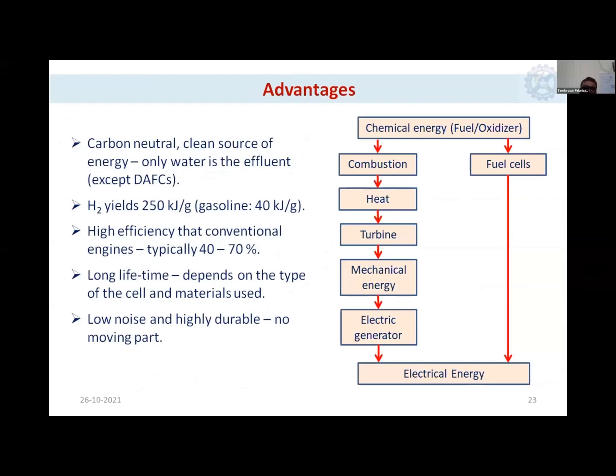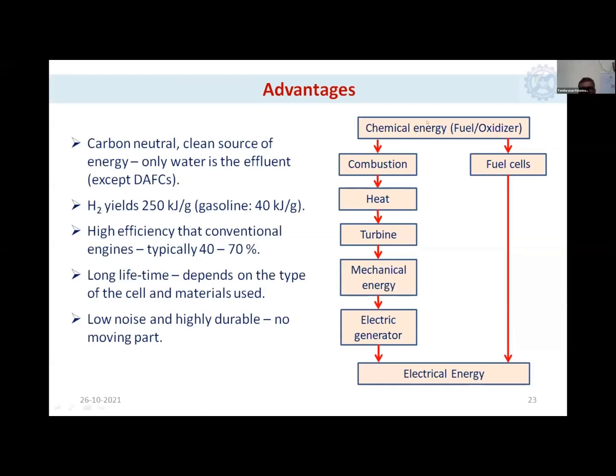We will find some advantages over other conventional sources of energy. On the advantages side, for instance, if you want to generate electricity from fuel, there are several stages here.